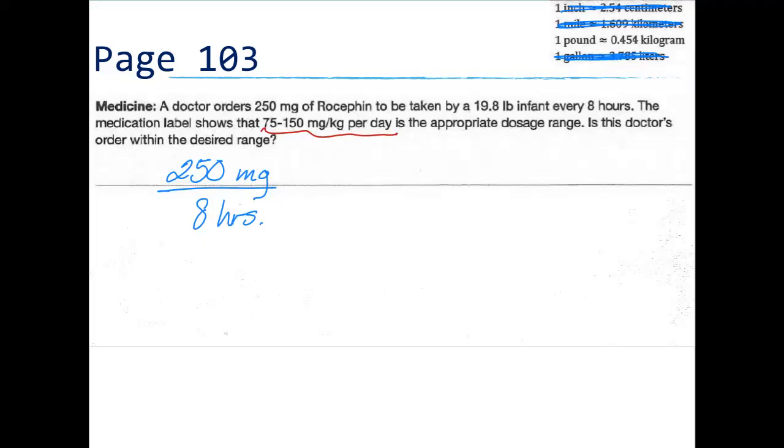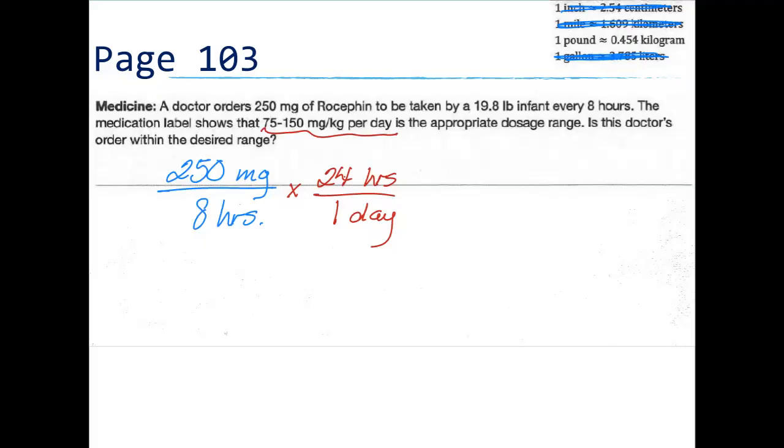So if it's 250 milligrams for every 8 hours, I could say how many hours are there in a day? And that would be 24 hours in 1 day. Okay? The other way you could have done it is said 24 divided by 8 is 3, and I could have taken this by 3.